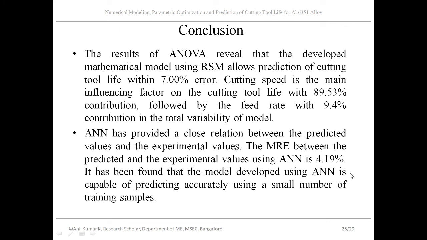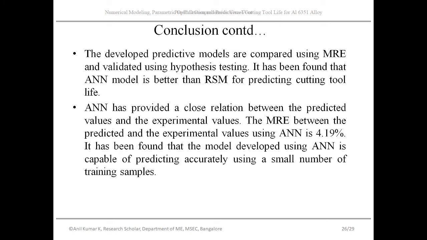The mean regression error between the predicted and experimental values using ANN is 4.19%. The developed predictive models are compared using mean regression errors and validated using hypothesis testing. It has been found that the ANN model is better than response surface methodology for predicting the cutting tool life.